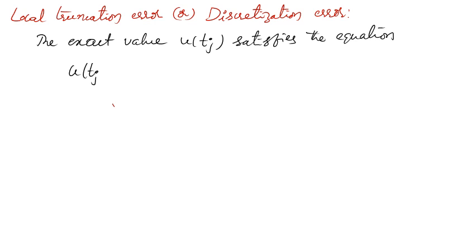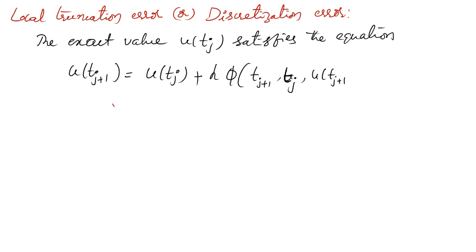Our single step method equation: in place of u j plus 1 write u of t j plus 1 equal to, in place of u j write u of t j, plus h into phi of t j plus 1, t j, u of t j plus 1, u of t j, h, plus the truncation error T j plus 1.